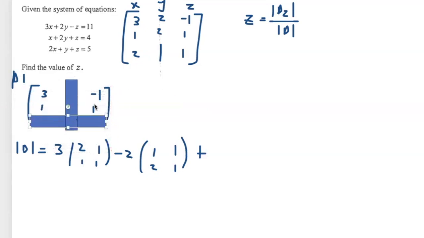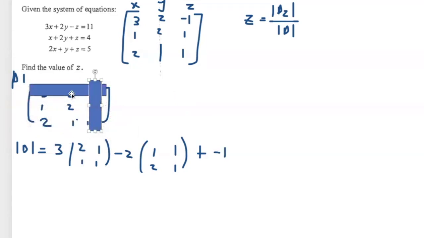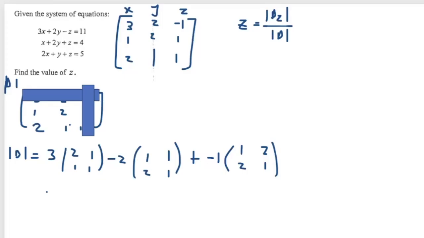Then we're going to take this minus 1 and remove the last column and the first row. So I have 1, 2, 2, 1. Now we would have the number 3.